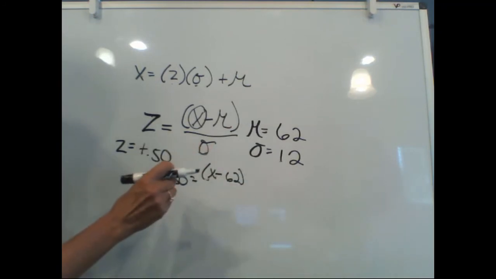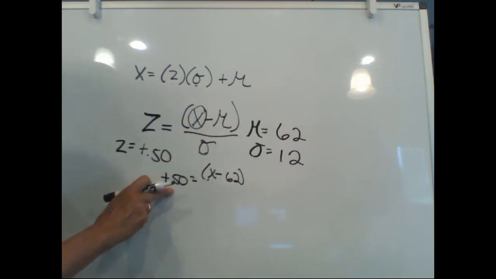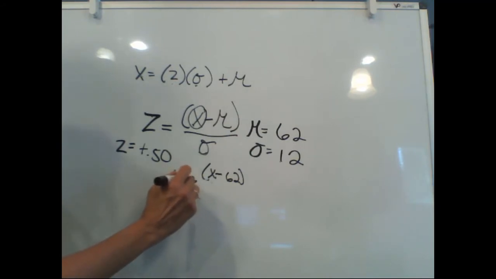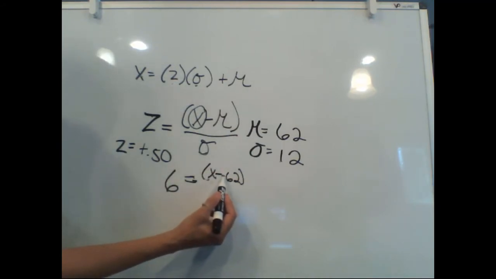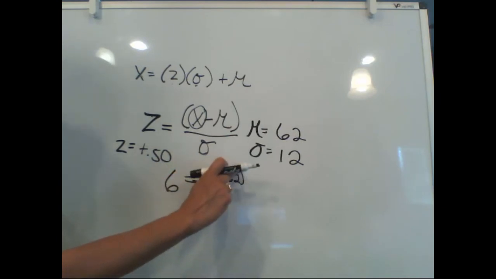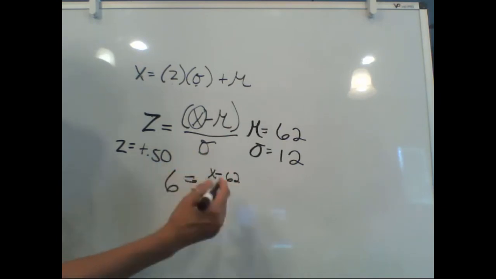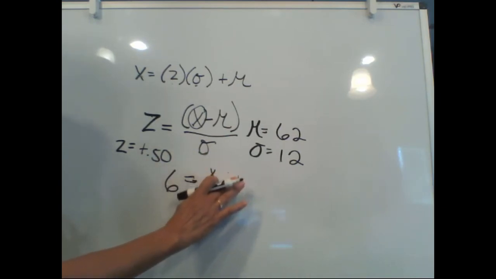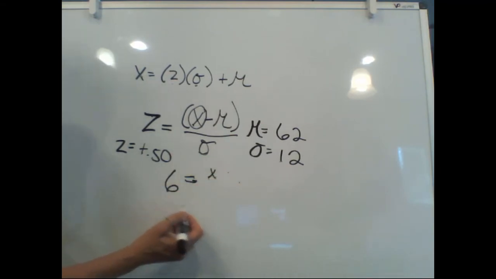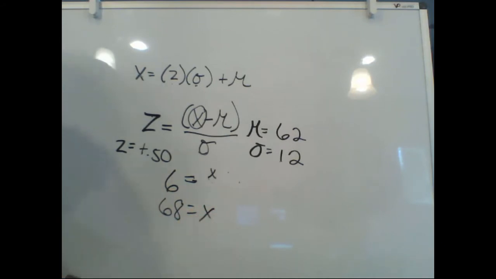And we're going to multiply 12 times a positive 0.5, which gives us 6. So we now need to take our negative 62 and add 62 to both sides to get rid of it. So 62 plus 6 is 68. So in this case, our x is 68.